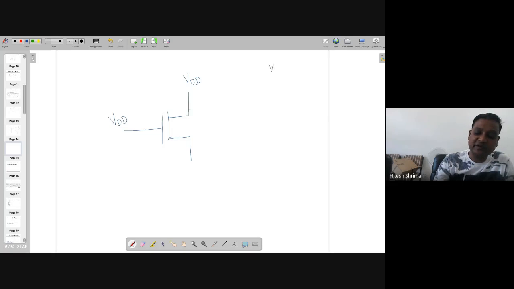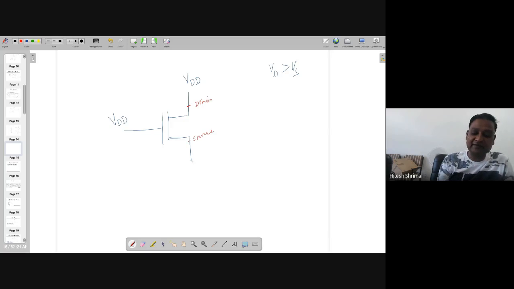For NMOS, VD will be greater than VS. So if this is connected to VDD, definitely the other terminal is connected to a lower potential than this one. Means this is qualifying as drain, by the way. Even though I don't draw the arrow over here, this is acting as a source.